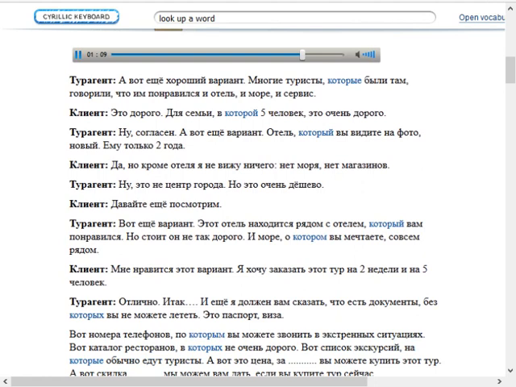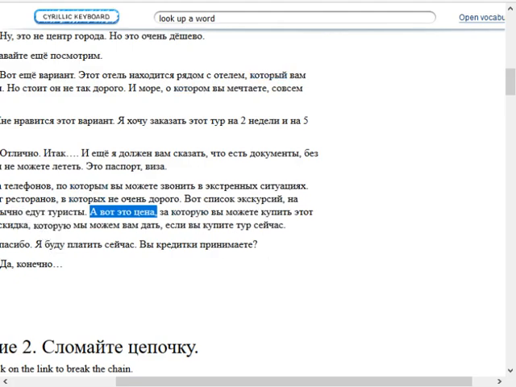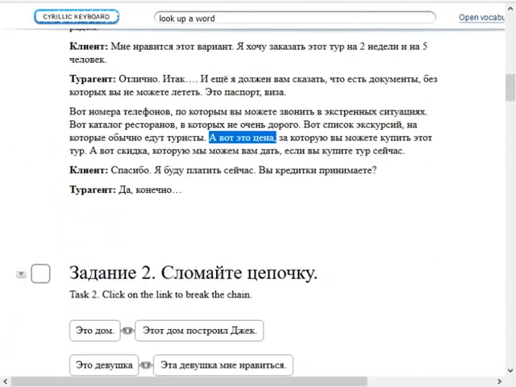А вот это цена, за которую вы можете купить этот тур. Okay, and here is the price. Вот эта цена. This is the price. We only have two которых left, so we know these last two must be both которую. But let's go ahead and see. Цена is obviously feminine because it ends in a. In what case does the feminine form become которую?